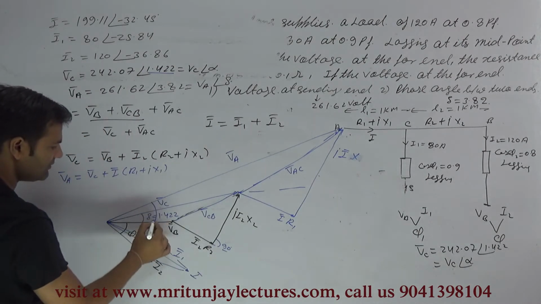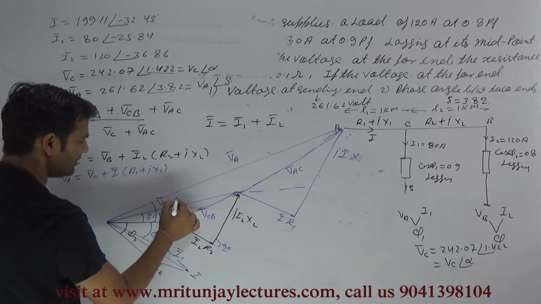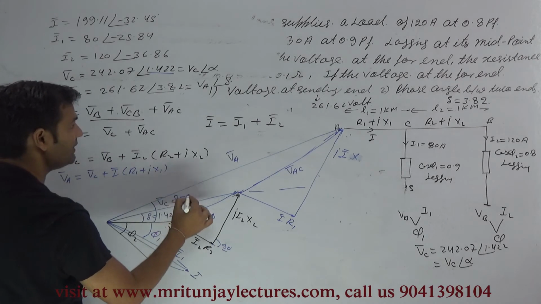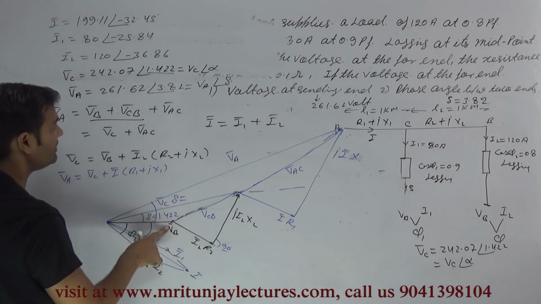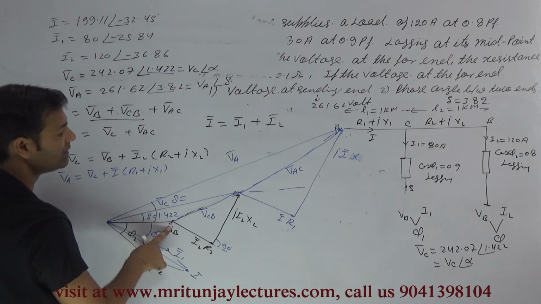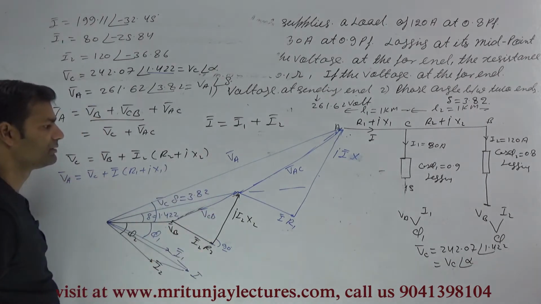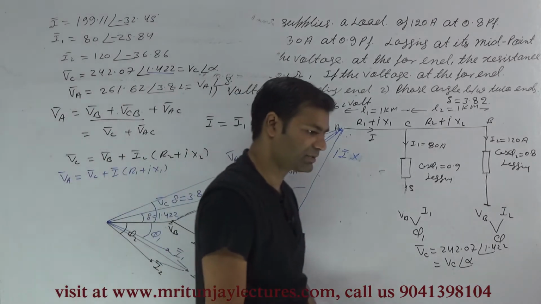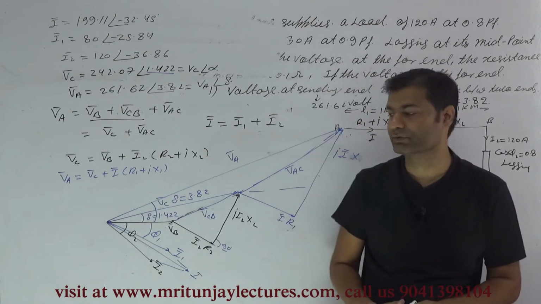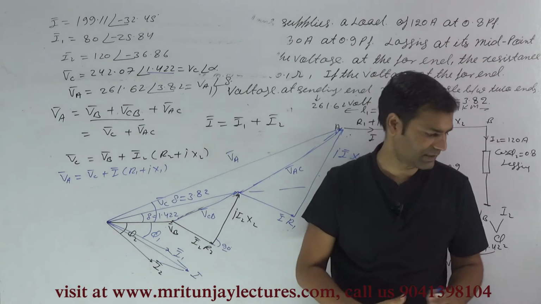And the angle between VB and VC is delta. So finally this angle between VC and VB is 3.83. Clear? How to make the phasor diagram? Clear? So first of all make it. After that we will discuss another question.